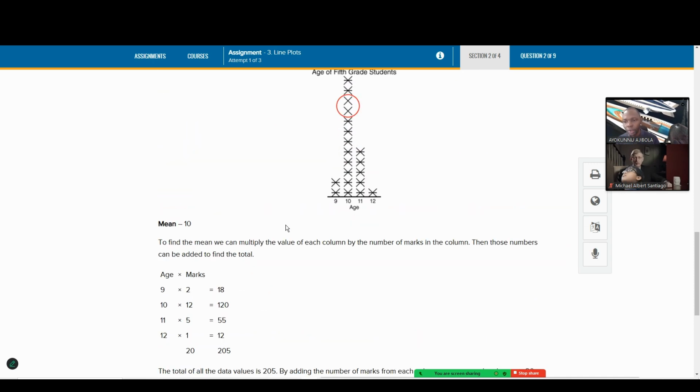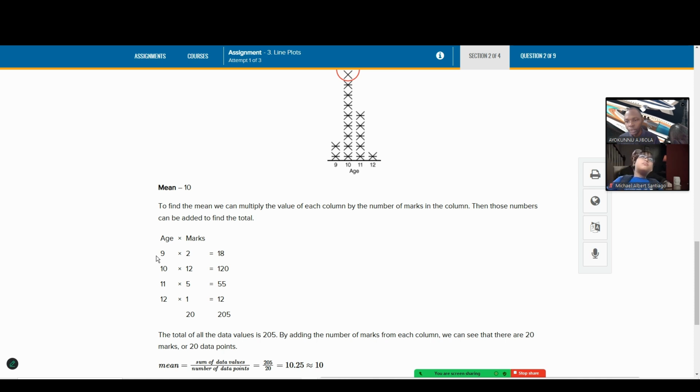Then the mean means you should add up all of the values: 9 occurs 2 times, that's 18, 10 occurs 12 times, that's 120, 11 occurs 5 times, that's 55, and 12 occurs 1 time, that's 12. So this is 205, and we have 20.